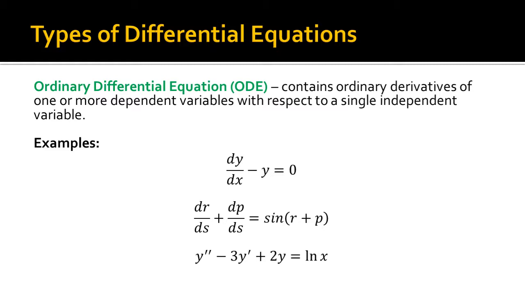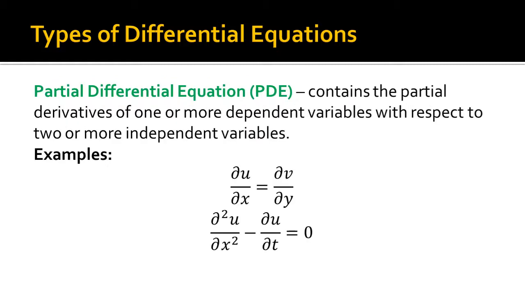ODE contains ordinary derivatives of one or more dependent variables with respect to a single independent variable. PDE contains the partial derivatives of one or more dependent variables with respect to two or more independent variables. In this course, we will only concentrate on ODE.